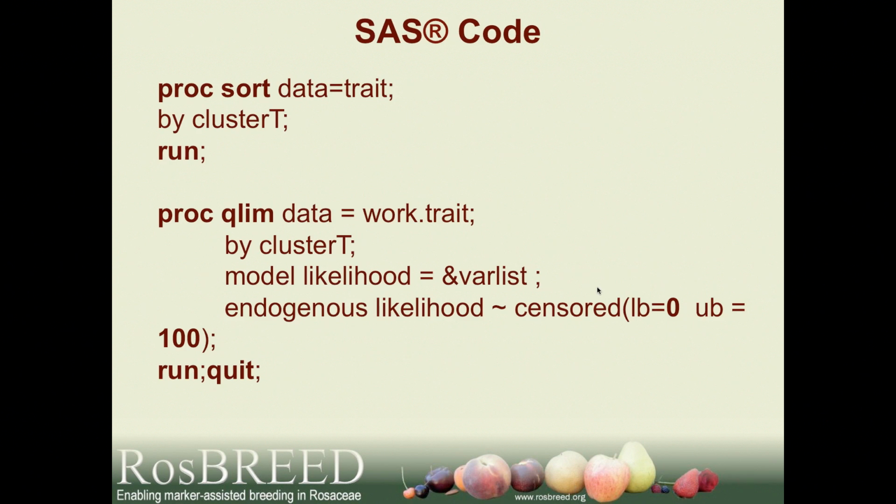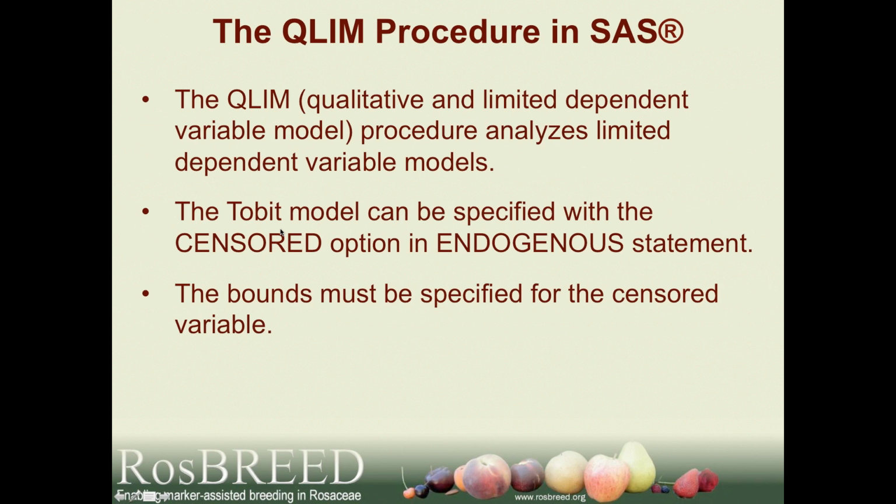So here comes our Tobit model analysis. We use Proc QLIM to do the analysis. Proc QLIM is for quantitative and limited dependent variable models. This QLIM procedure analyzes limited dependent variable models. The Tobit model can be specified with the censored option in the endogenous statement.